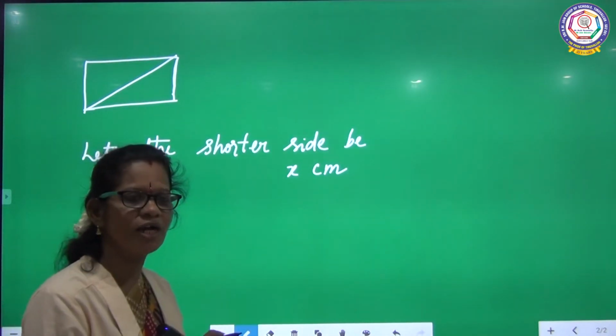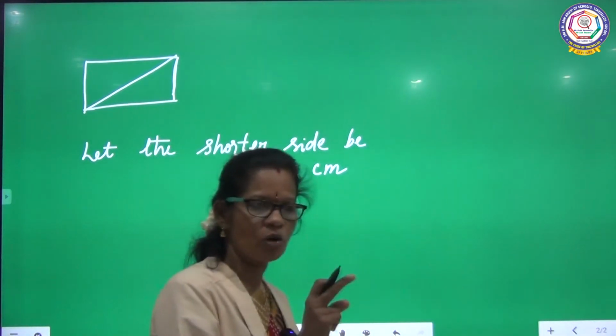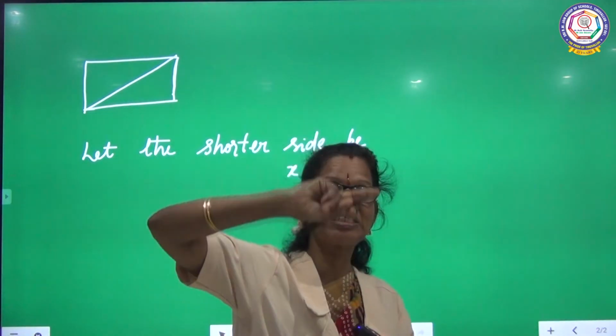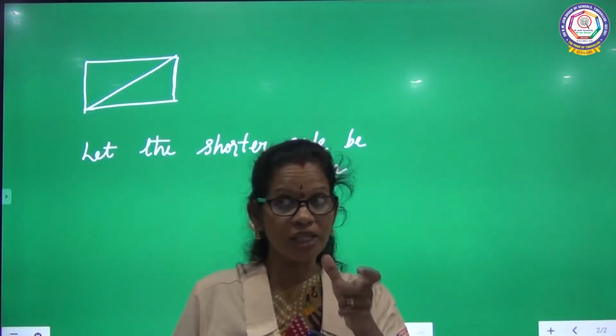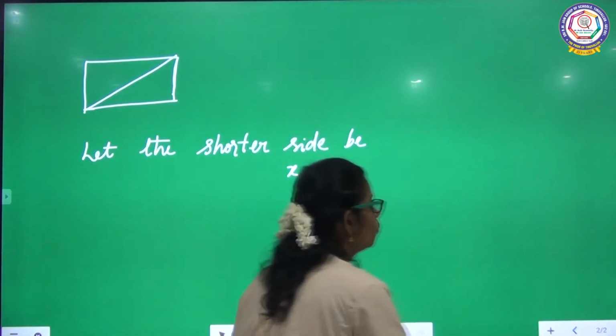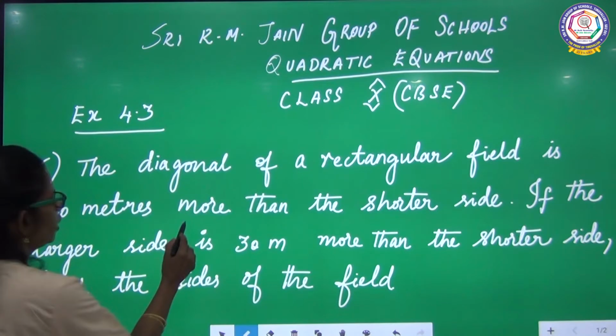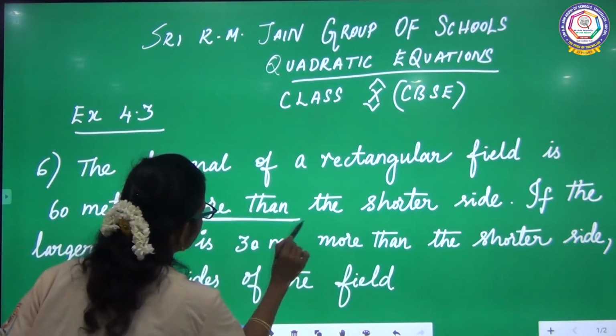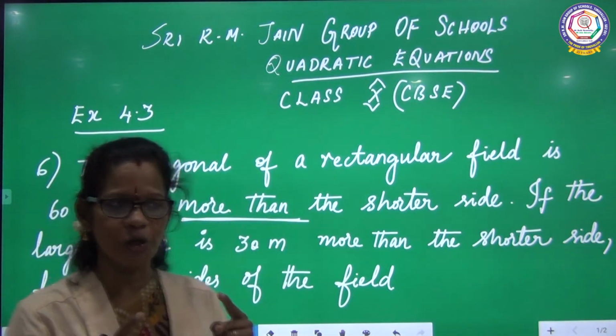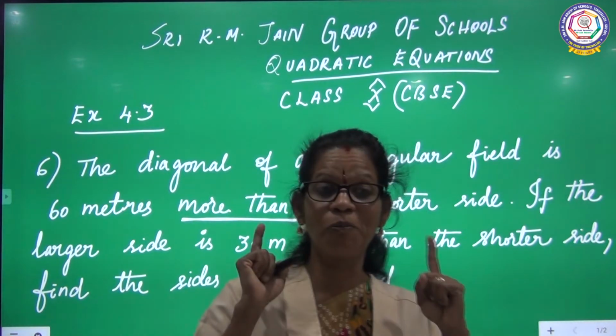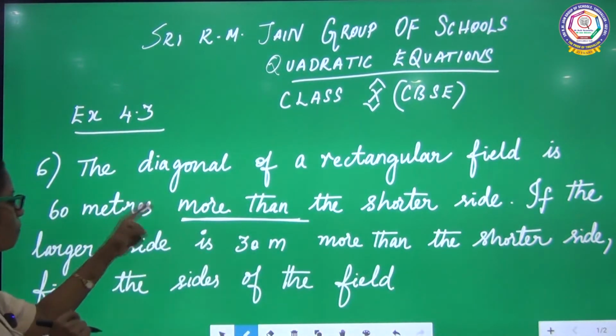Then what is given in the question? The diagonal is 60 meter more than. That word is important. More than means what symbol? Very good, plus. 60 plus.